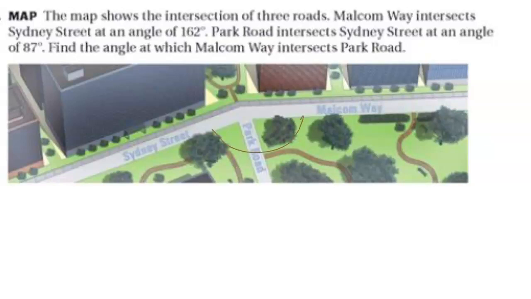So this angle right here is 162 degrees. Park Road intersects Sydney Road at an angle of 87, so this little angle right here is 87 degrees. Find the angle at which Malcolm Way intersects Park Road.